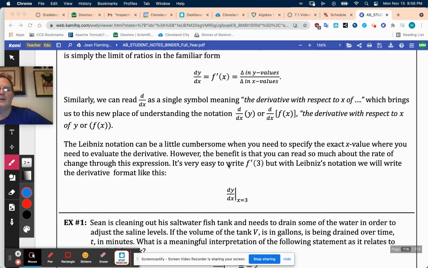And so with Leibniz notation, f prime of 3 is written like this: dy dx when x is 3.